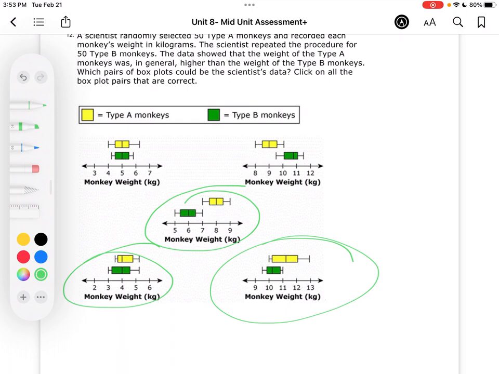So there were 3 of them that showed that the weight was higher in the type A monkeys. So even though this one was close, it still shows that in general the weights were higher. I think maybe that was the one that everybody kind of missed, this one right here, because a lot of you got partial credit for that one. So kind of think about that.